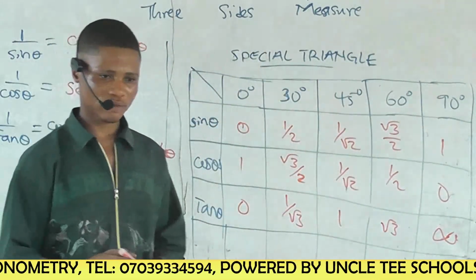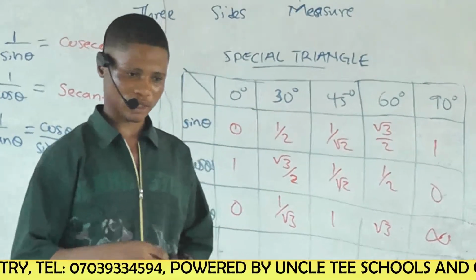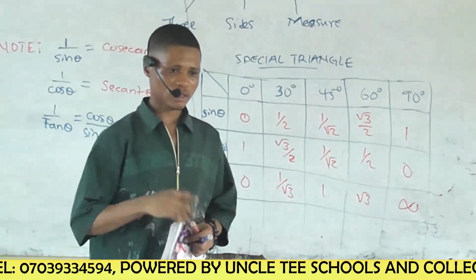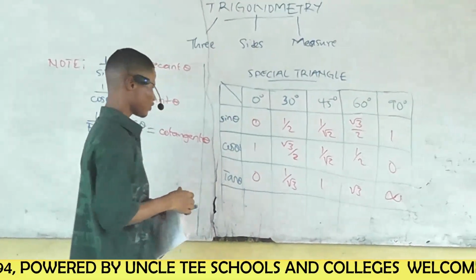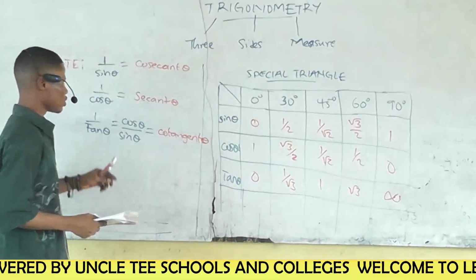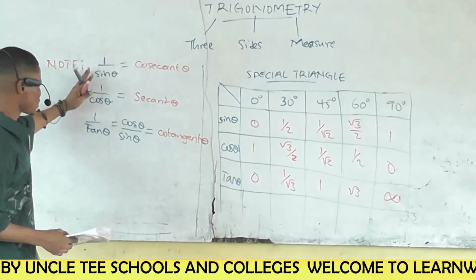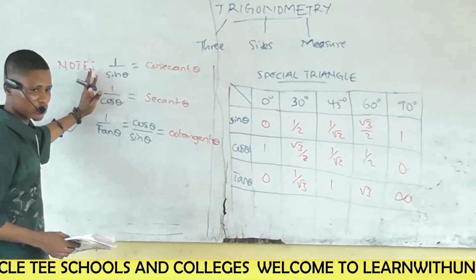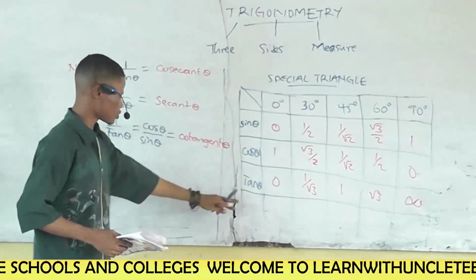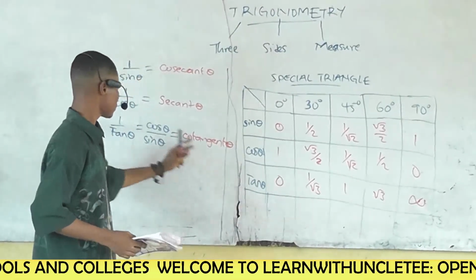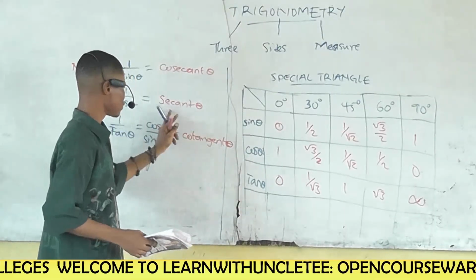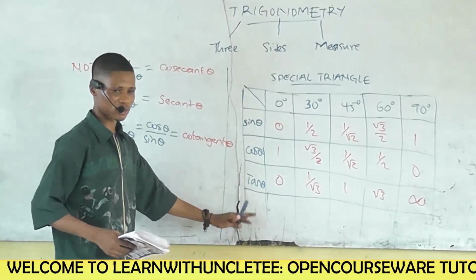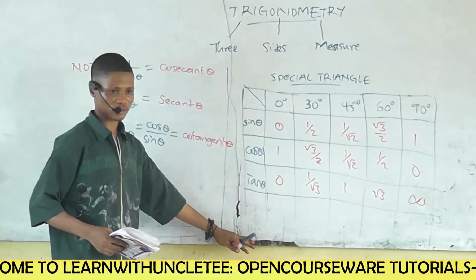Any number divided by 0 is undefined or infinity. So you can compute this also. You just put cosec theta, sec theta, and cot theta.